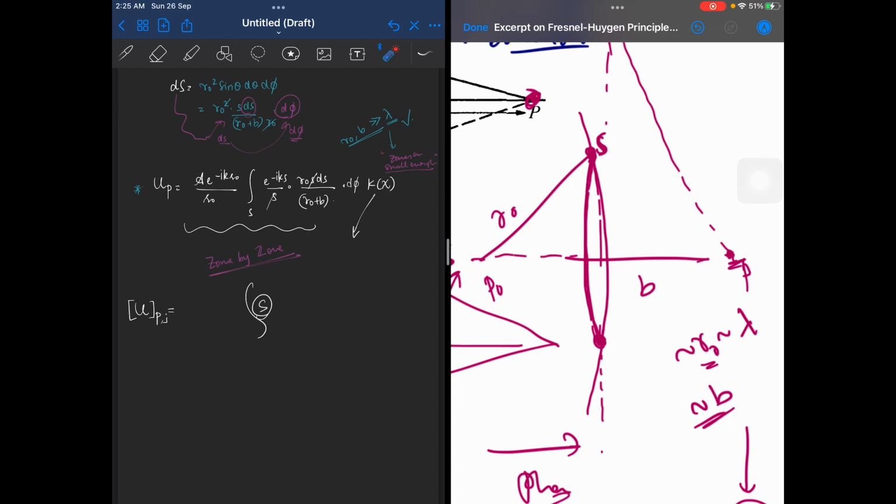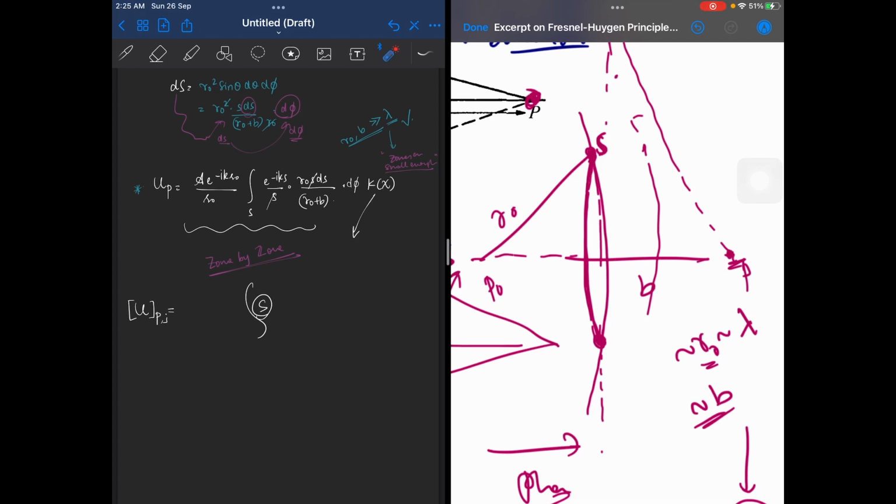What about this radius? Will it be smaller? We go higher and higher. What happens to this radius?